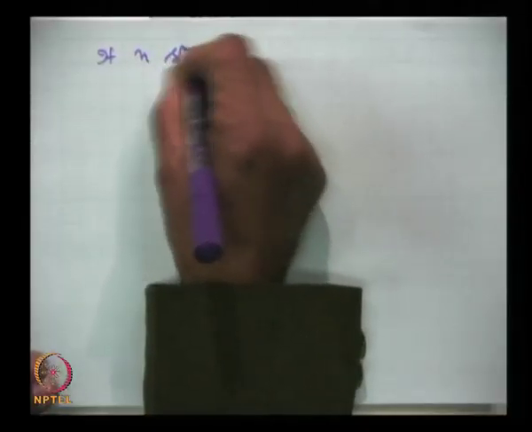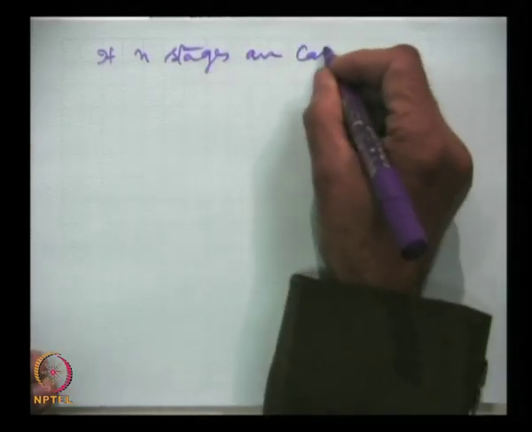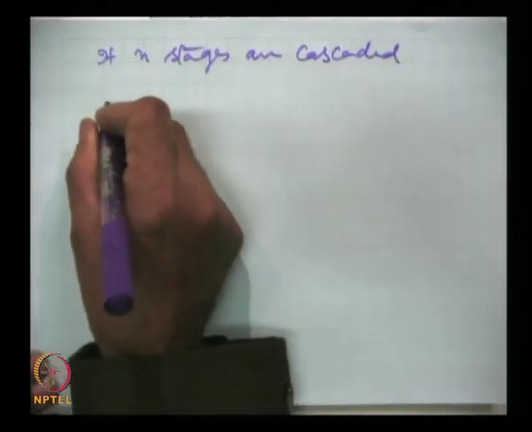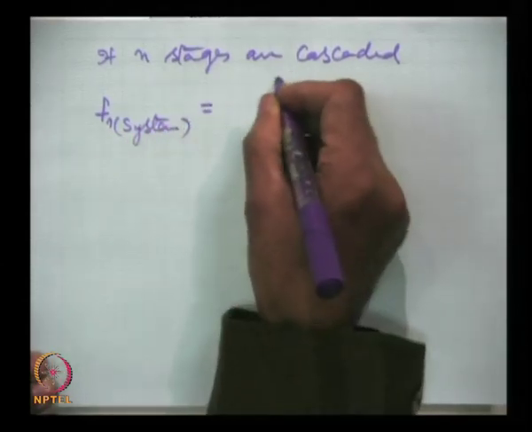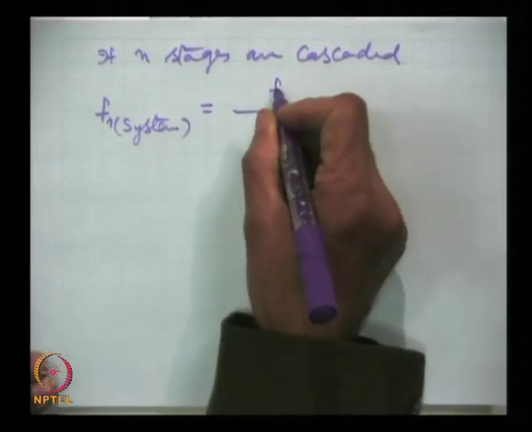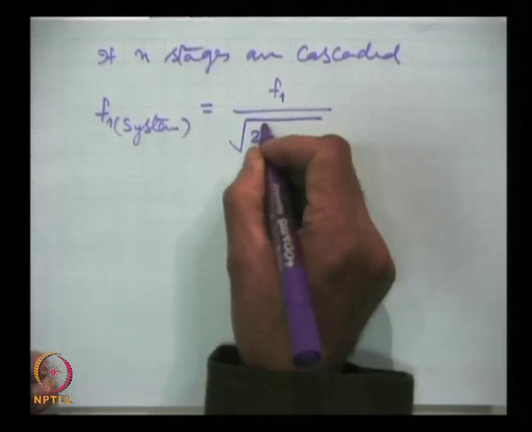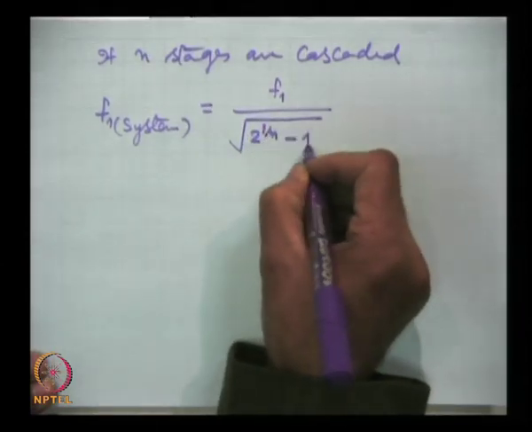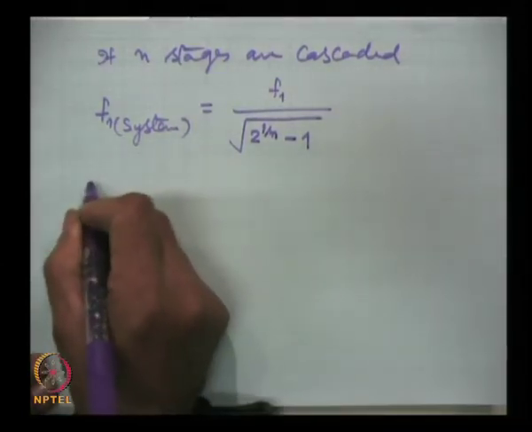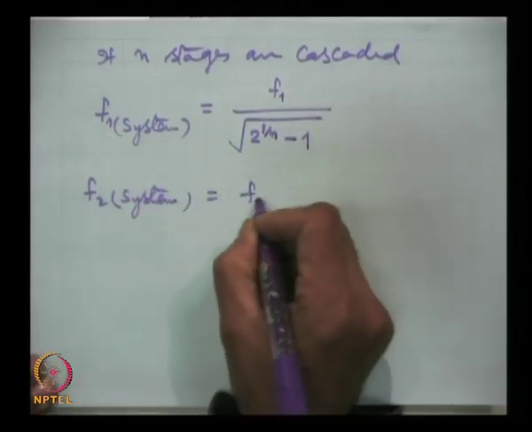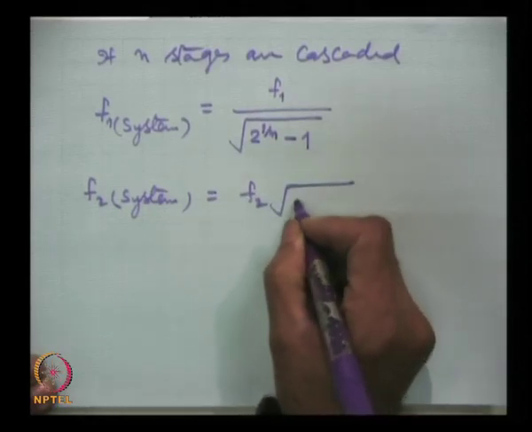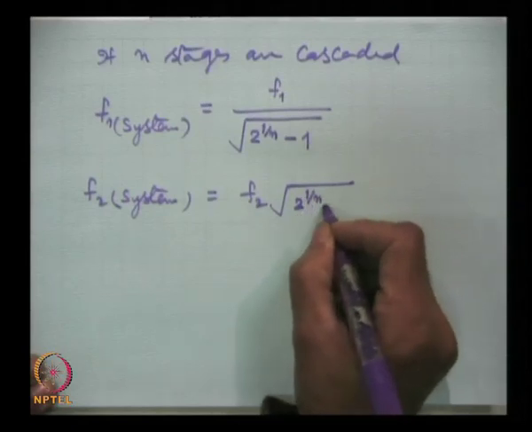So, if n stages are cascaded, then the lower cutoff for the system, that means for the multi-stage amplifier, where F1 is the cutoff for the individual stage, is F1 divided by 2 to the power 1 by n minus 1, and F2 of the system is equal to F2 by 2 to the power 1 by n minus 1.